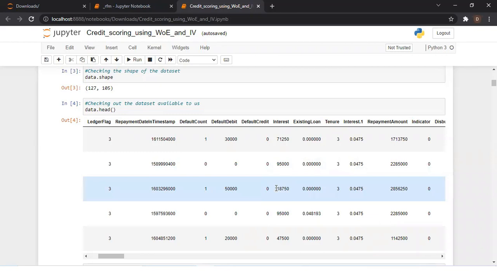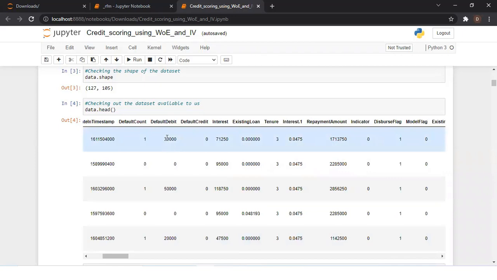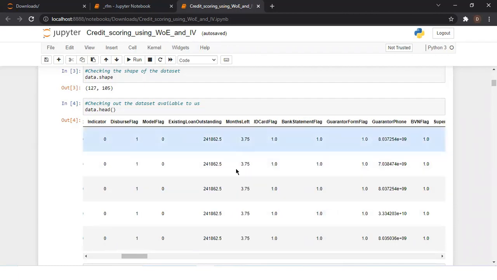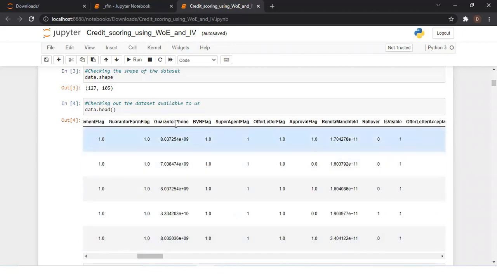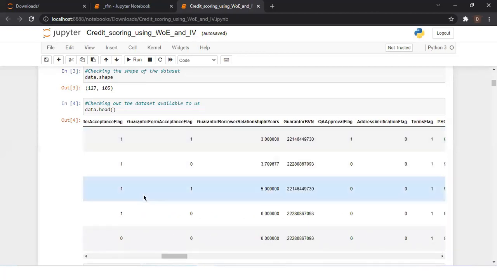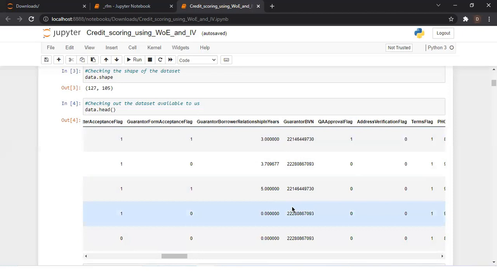True. So it's not only working on default amount, it's working on all the factors that were given to us. Months left, what was the month left for the full payment? Existing loan outstanding, what was the amount? The phone number obviously was not there. Agent flag, BVN flag. All this data was incorporated in the model.